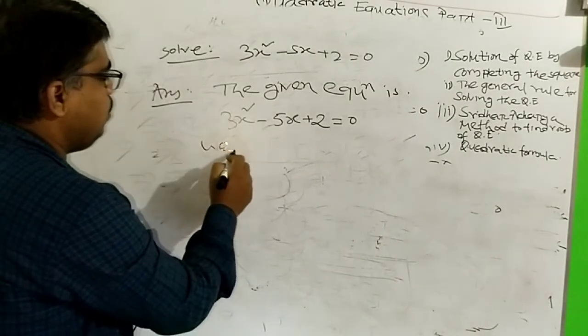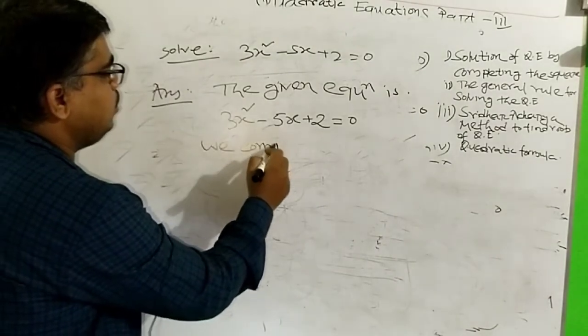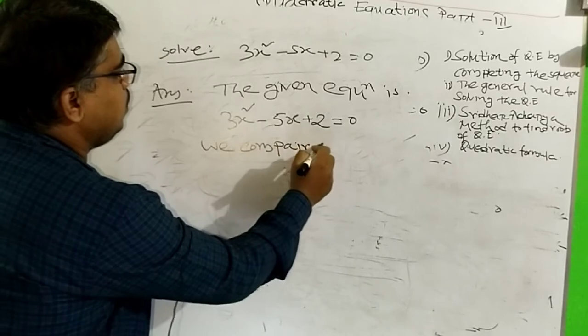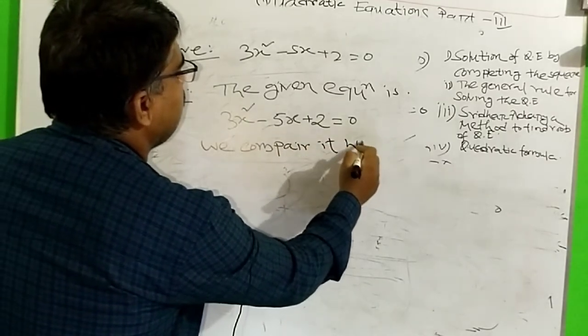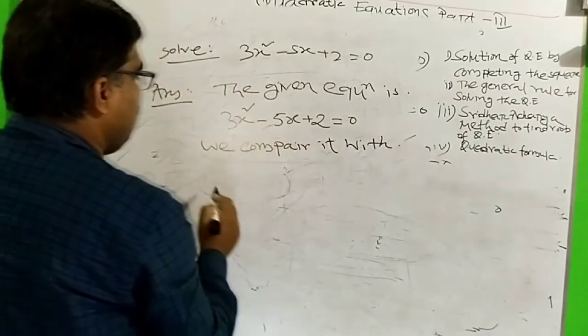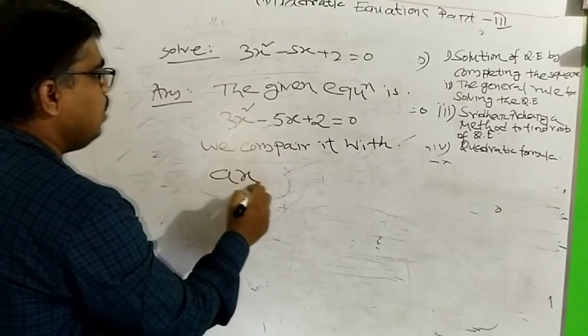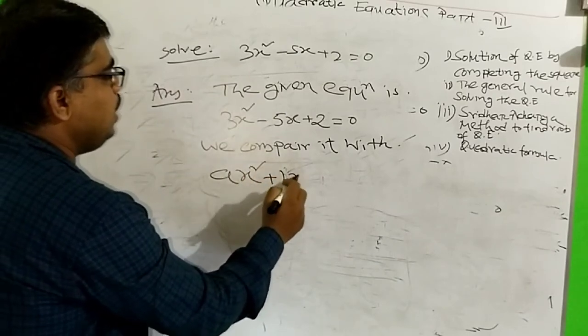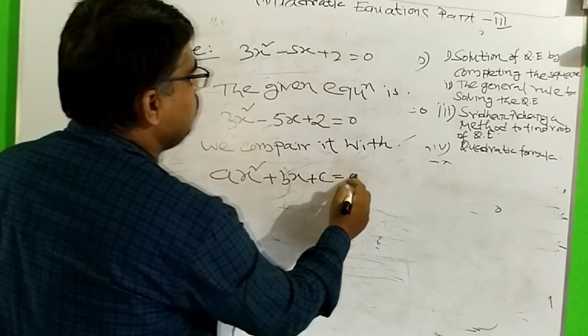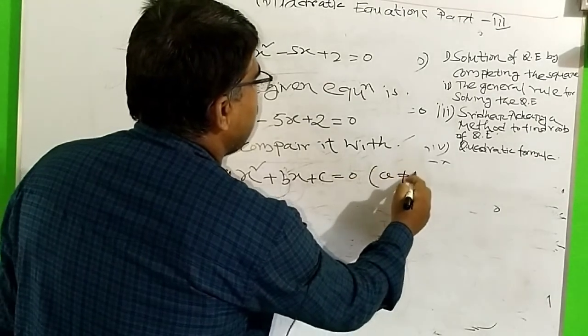We compare it with ax square plus bx plus c is equal to 0, a not equal to 0.